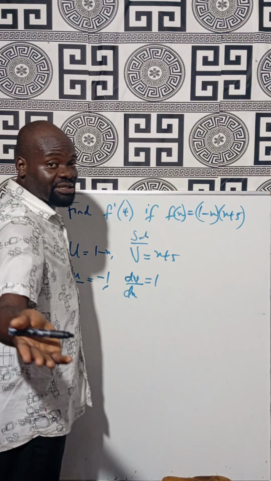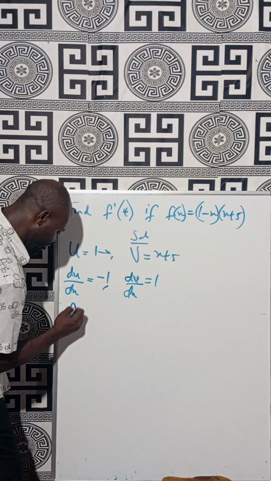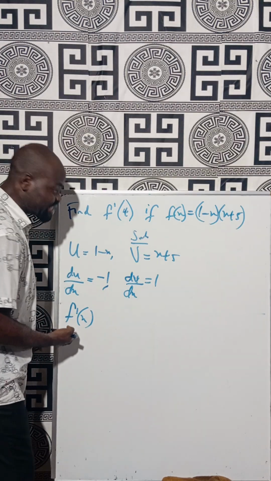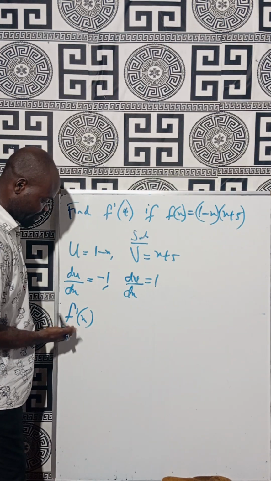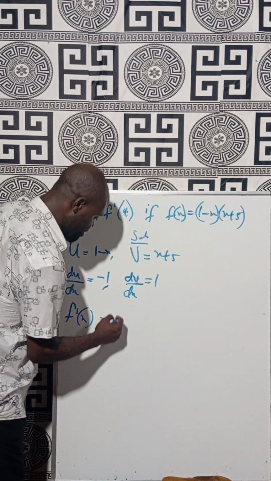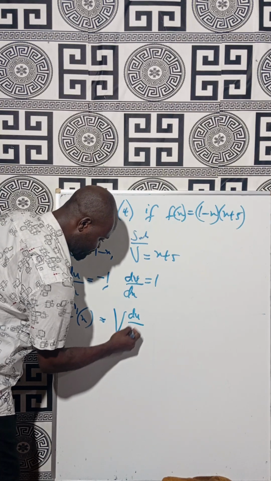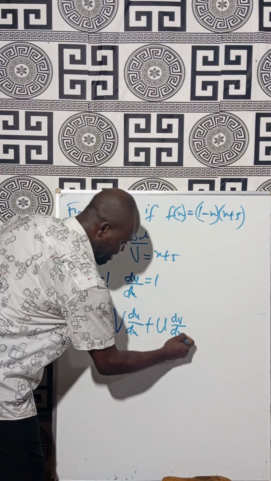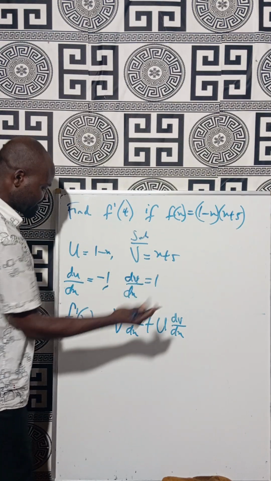Since I've gotten that, I can now find my f prime of x, which means dy dx. So my dy dx is equal to, applying the product rule, v du dx plus u dv dx. You can see it's very simple. So fix them here.